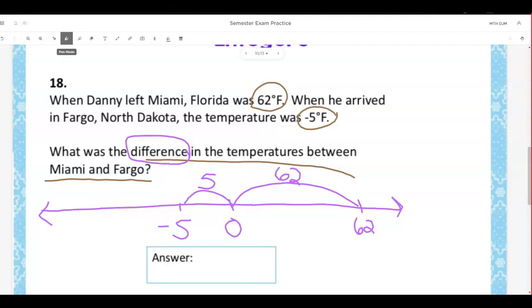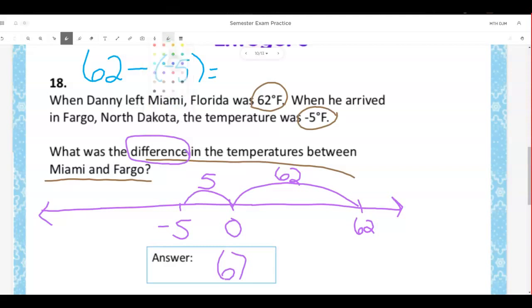Okay. I know that going from 62 to 0 is 62, and then I got to go 5 more steps below 0, right? So altogether, we've gone 67. Okay. Now, if I wanted to write that as an equation using subtraction, it would be 62 minus negative 5 equals.